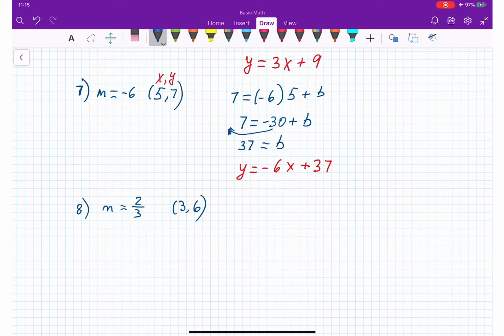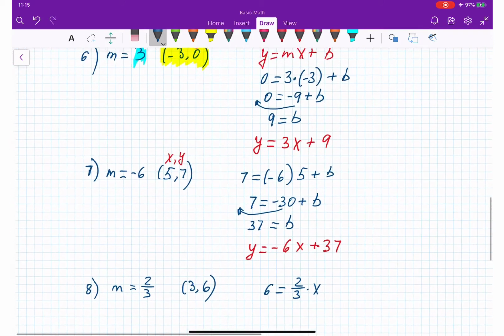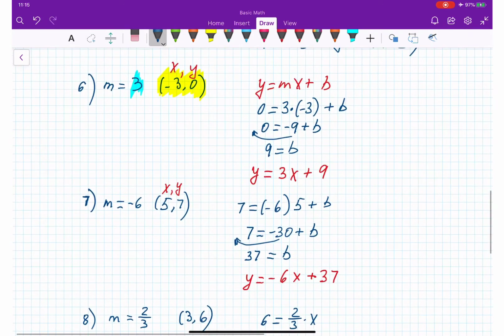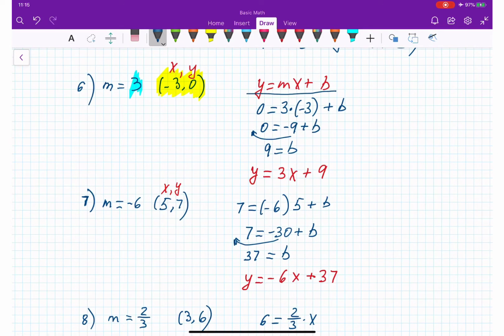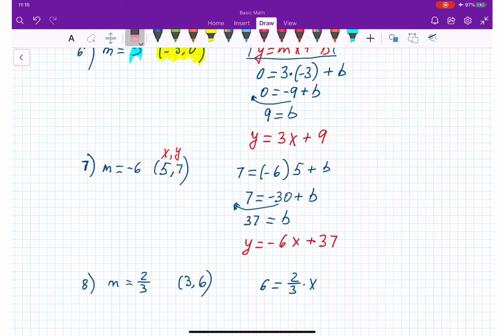So y, which is 6, equals 2/3 times x. And we are again using this form, y equals mx plus b. So m is 2/3 and x is, okay, let me clean. My x is how much? It is 3, right?